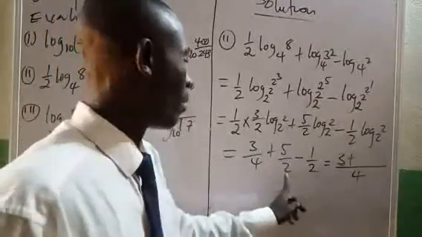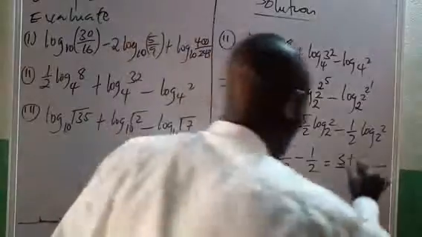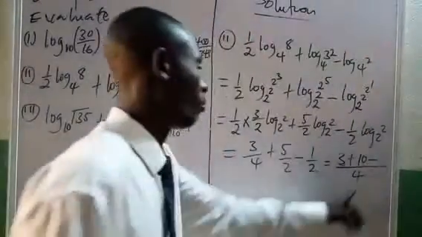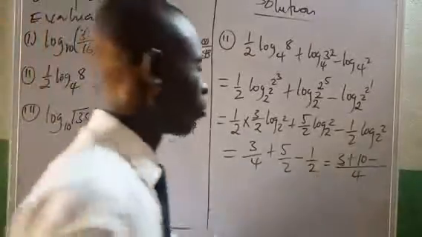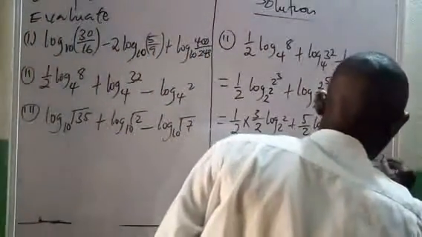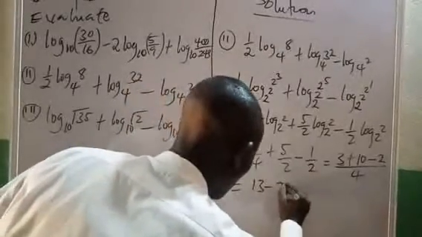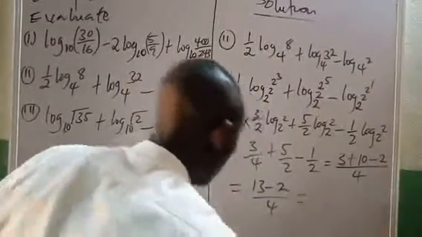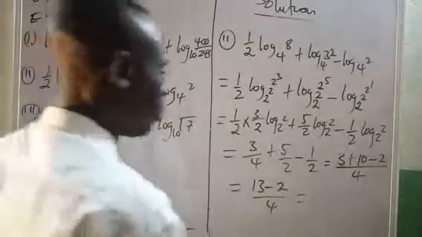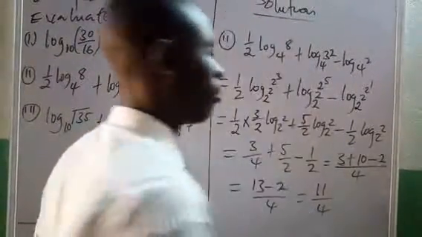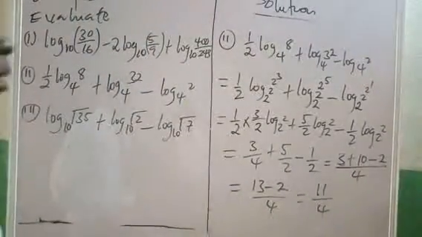That is 4 divided by 2 is 2 times 5 is 10, minus 4 divided by 2 is 2 times 1 is what? 2. So we have 13 minus 2 over 4. 13 minus 2 is the same thing as what? 11/4, which is our final answer.